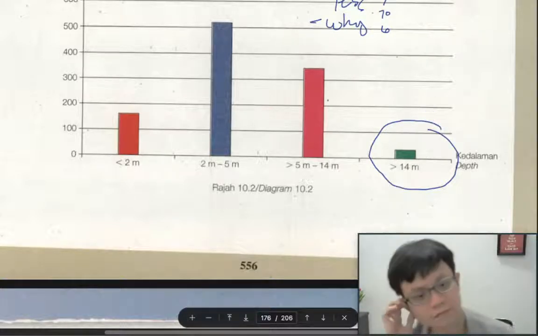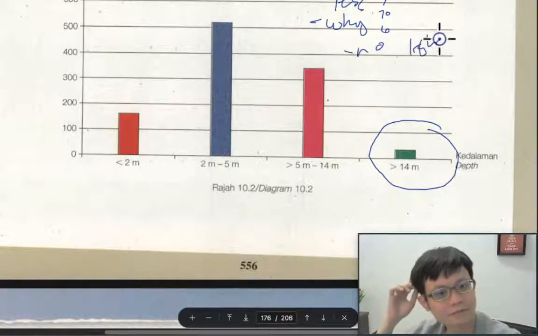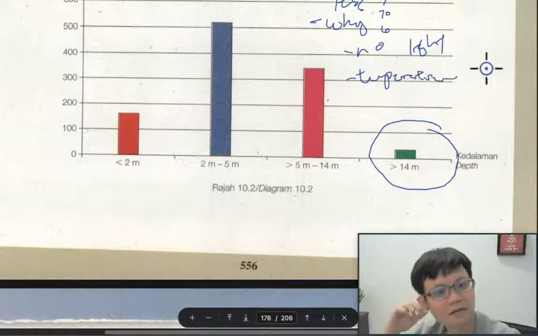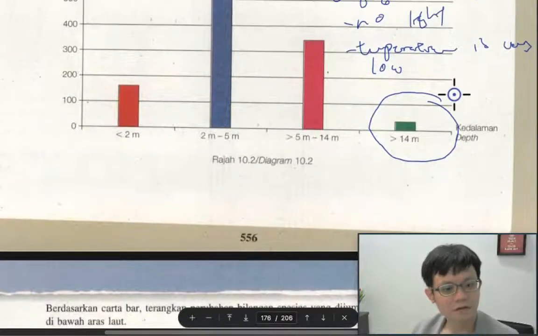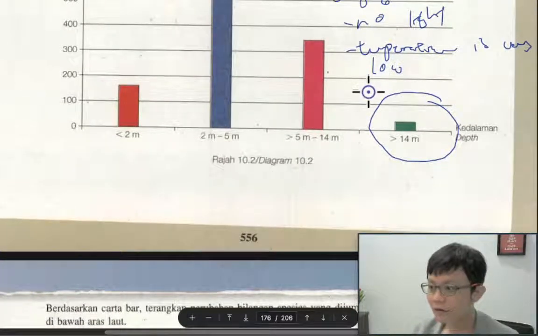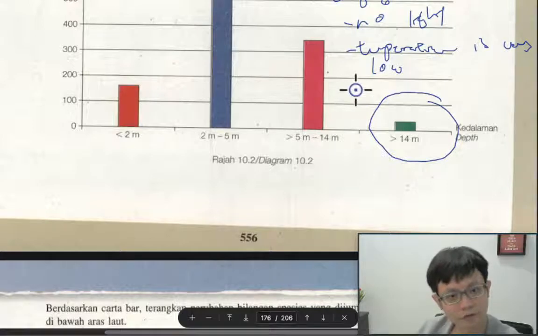Light and temperature is very low. No light can penetrate and temperature is very low. Any more? One more key point? Or we can say it's about food.